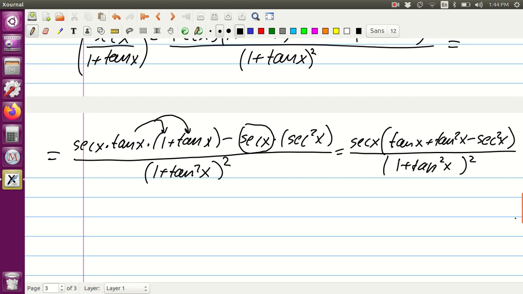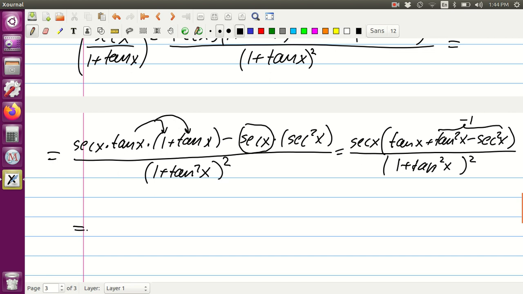Alright, and we know that tangent squared of x minus secant squared of x is equal to 1 from the identities. So this is just negative 1.